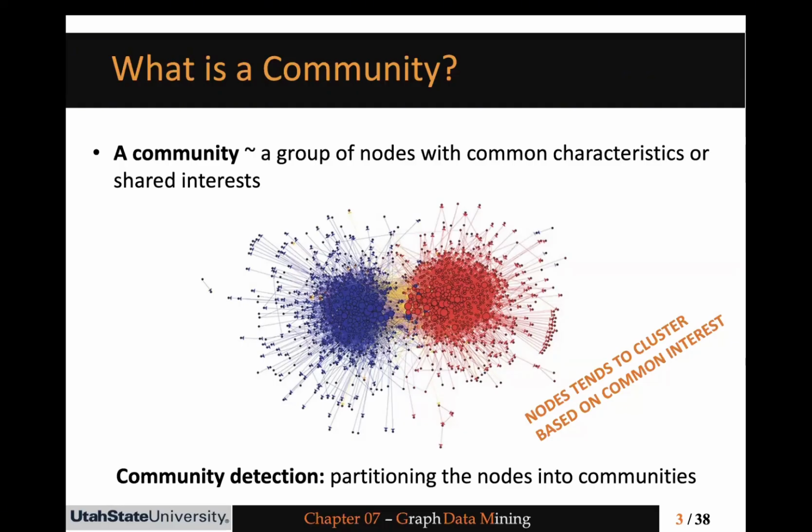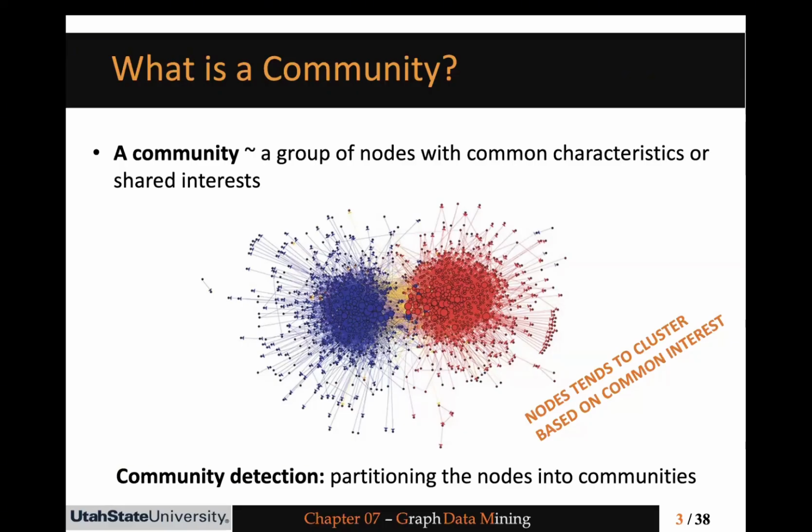For example, on Instagram or Facebook, you might have family members as one community, or co-workers as a community in the Slack network. Friends and family together might make one community in your Facebook friends list. So all those communities are formed naturally.